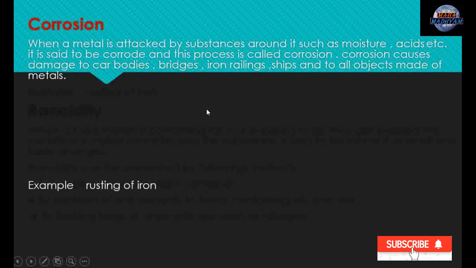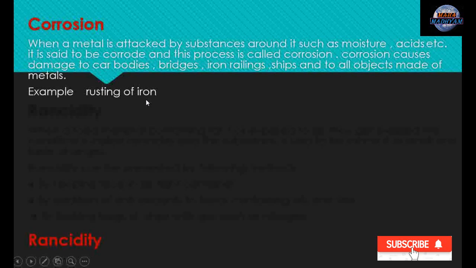For example, rusting of iron, even the black coating on silver and green coating on copper are also examples of corrosion.